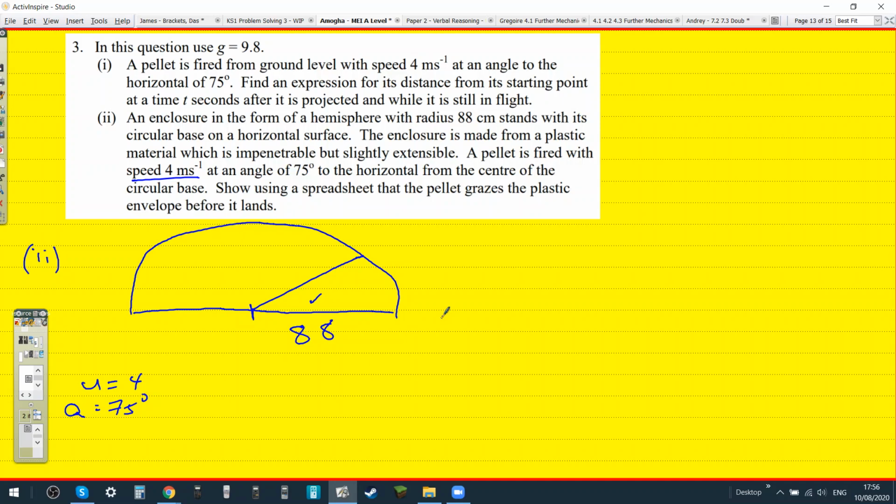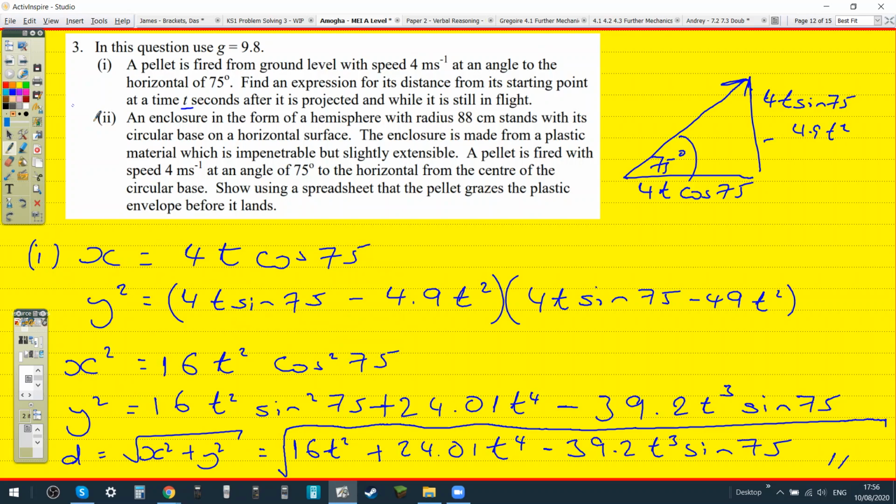So basically, what are they saying? I think you have to show that it travels 88 centimeters in the x and the y direction, because that's the only way it would graze the plastic. So basically, D is 88 or something? But how... So you just sub in something and you get 88.